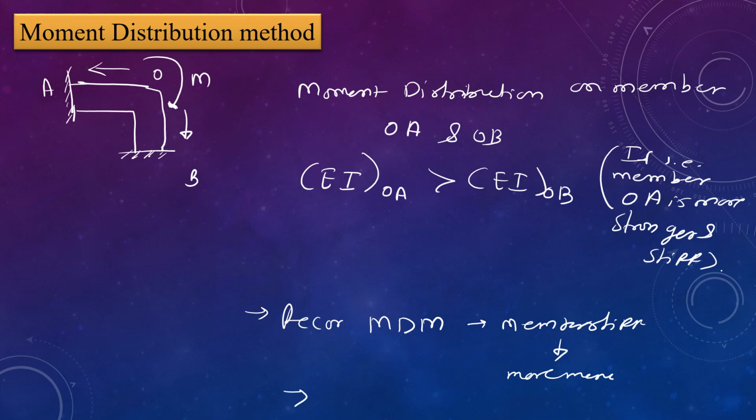Then the moment in the case of member OA is more than the moment in member OB. Okay, this is the physical meaning of the moment distribution method.